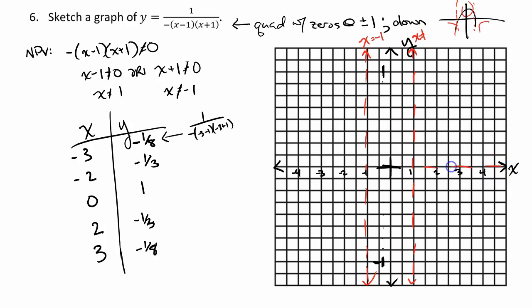And of course, my horizontal asymptote of y equals 0. From here, it's plotting points and knowing that this one would go upwards again. You are more than welcome to check some other values in there. They're fractions, so I recommend using a calculator.